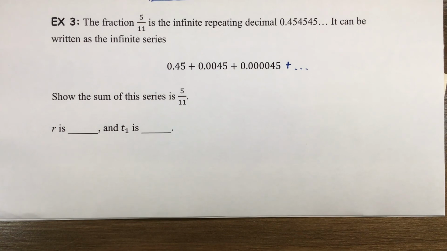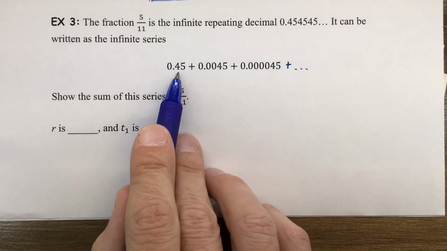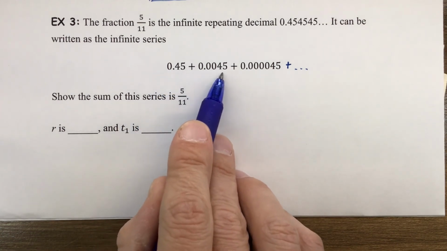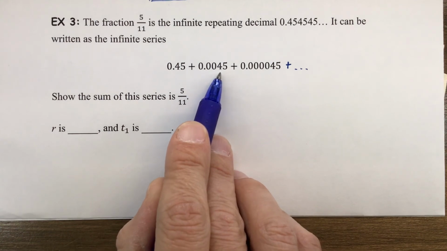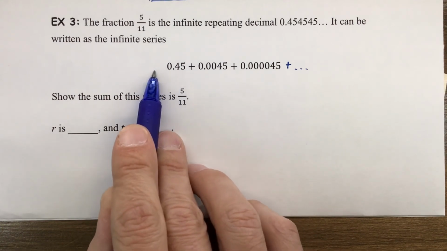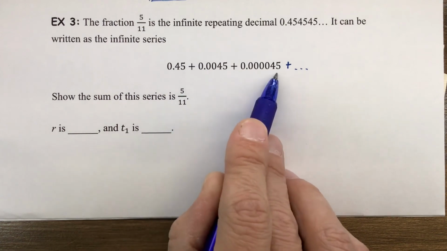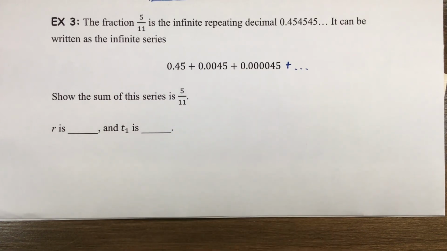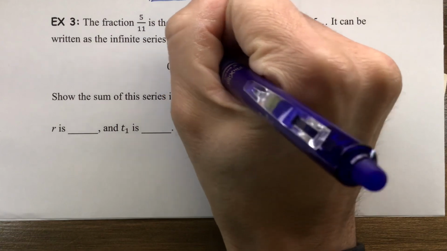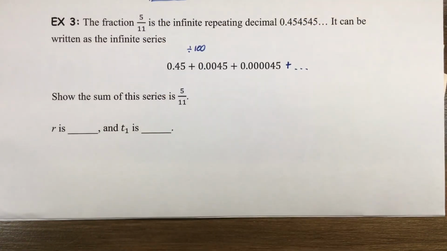Because all that's really happening in the multiplication here from 0.45 to 0.0045 is that the decimal has moved 2 spots forward. Then from here, 2 spots forward gives you that. So what number do we multiply by to move the decimal 2 spots forward? Well, you may think of it as dividing. If you divide by 100, it's going to move that decimal forward 2 spots.